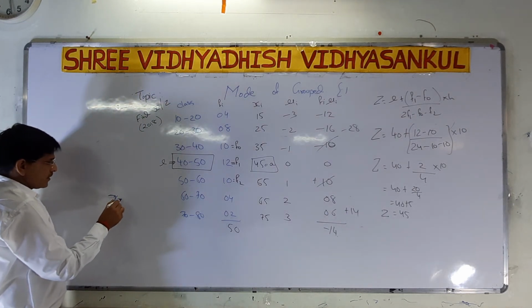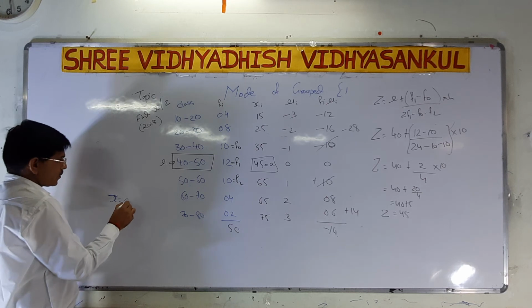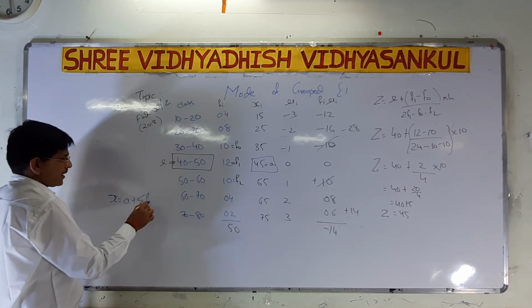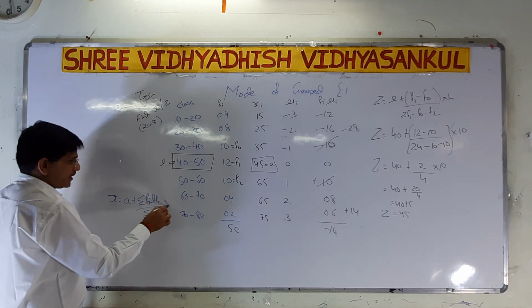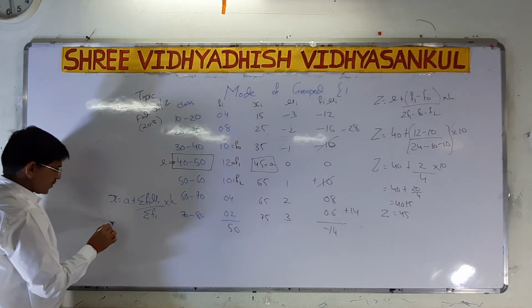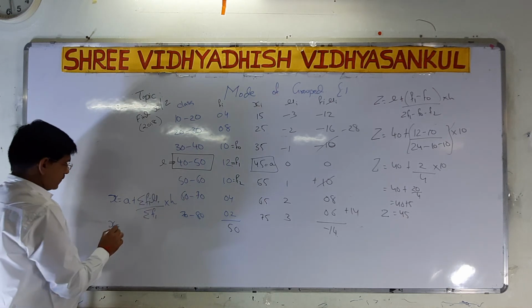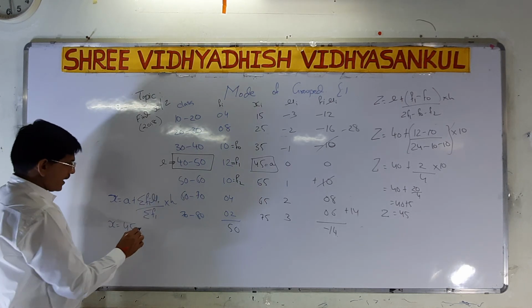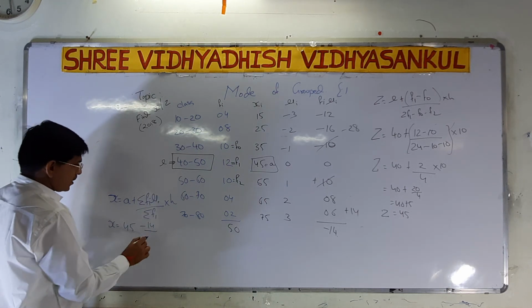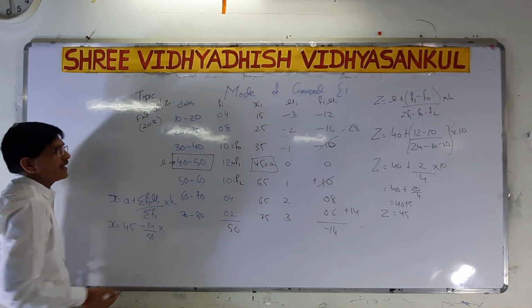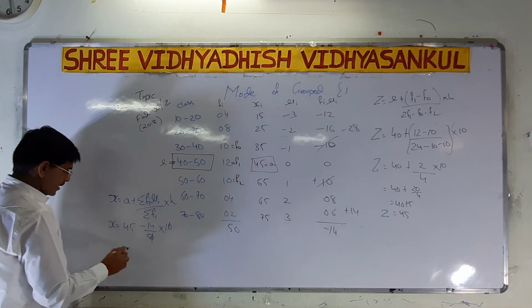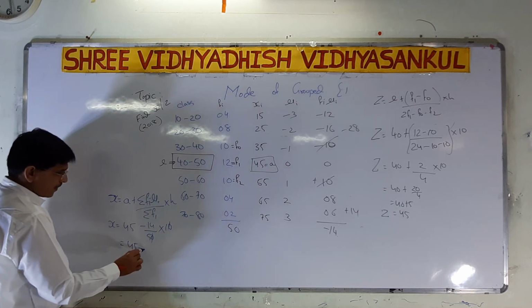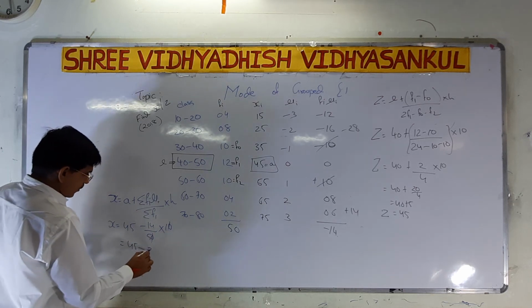X bar is equal to A plus sigma Fi Ui over sigma Fi, into height h. So X bar is equal to A, that is 45, minus 14 upon 50, into h, that is 10. 10 cuts.